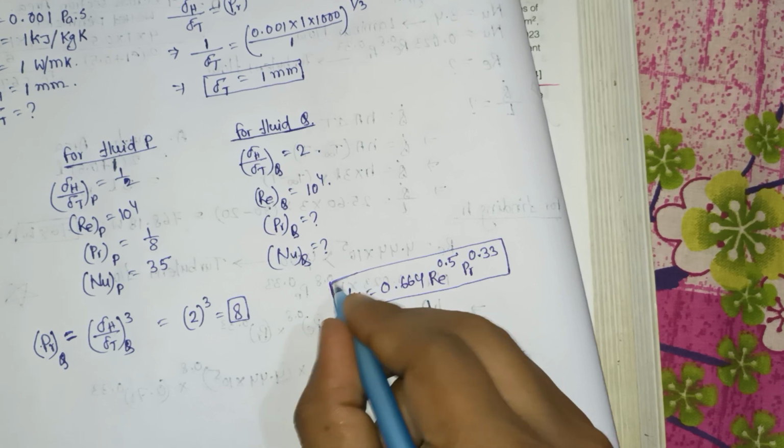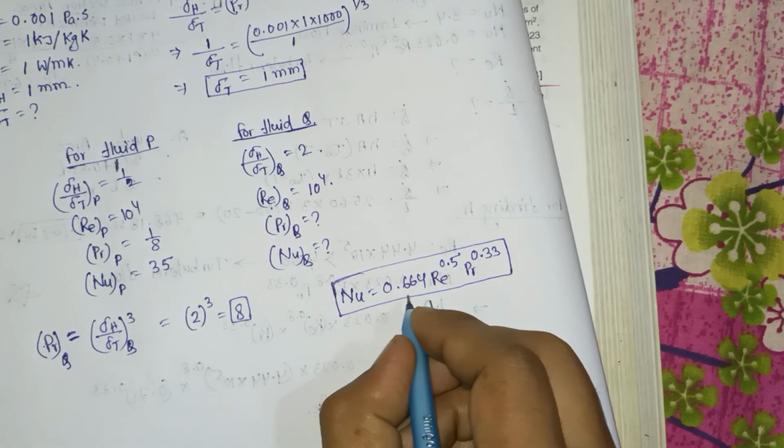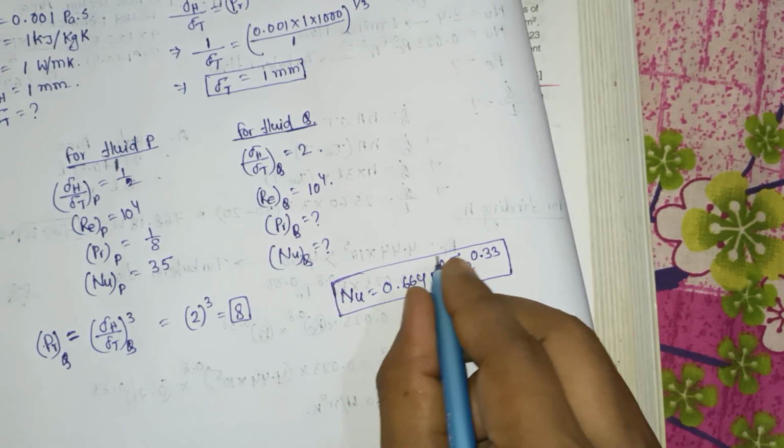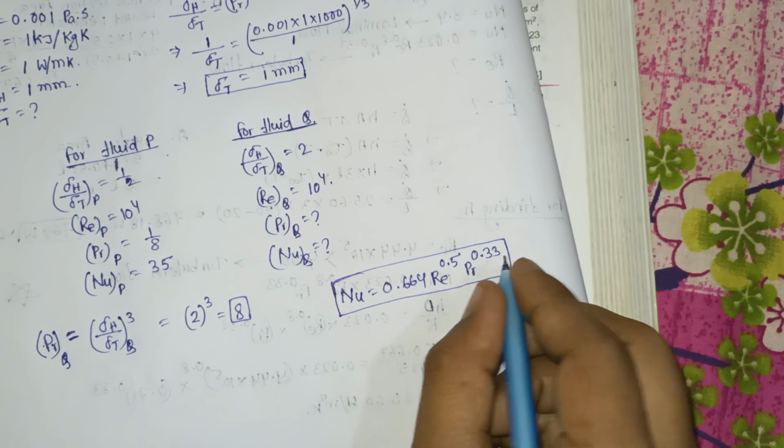This is a very, very important formula. Nusselt number equals 0.664 Reynolds number to the power 0.5 and Prandtl number to the power 0.33.